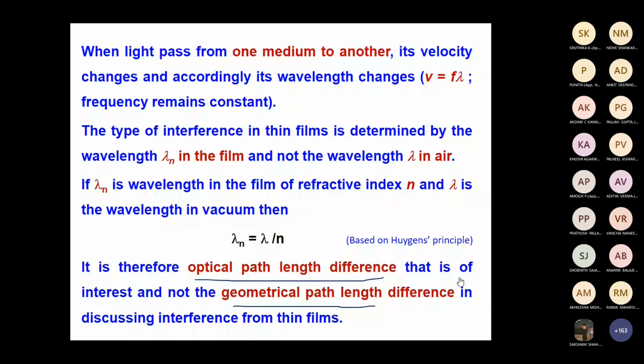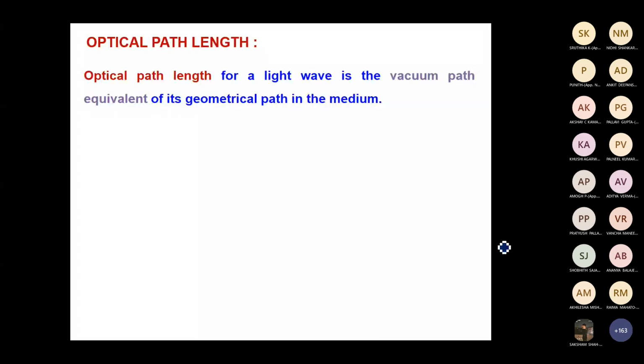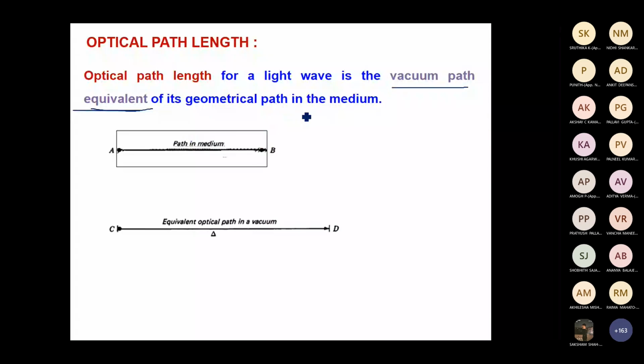So we'll take up the case and see what optical path length is. The optical path length for a light wave is the vacuum path equivalent of its geometrical path in the medium. What does it mean? For instance, I am considering the two cases AB and CD.